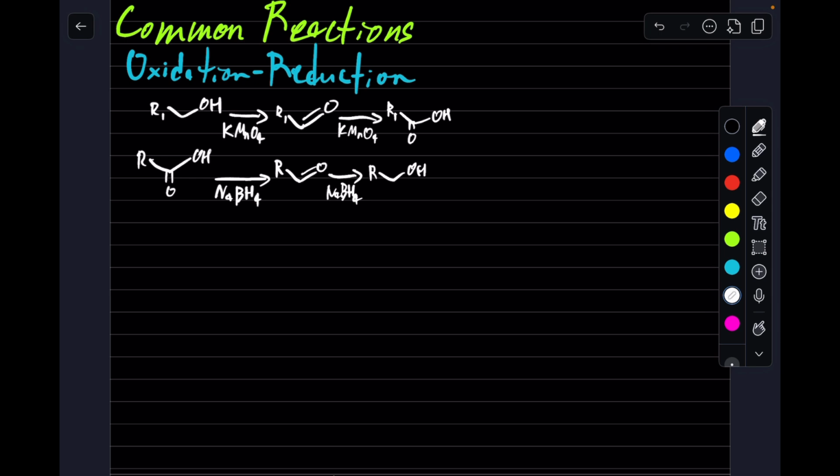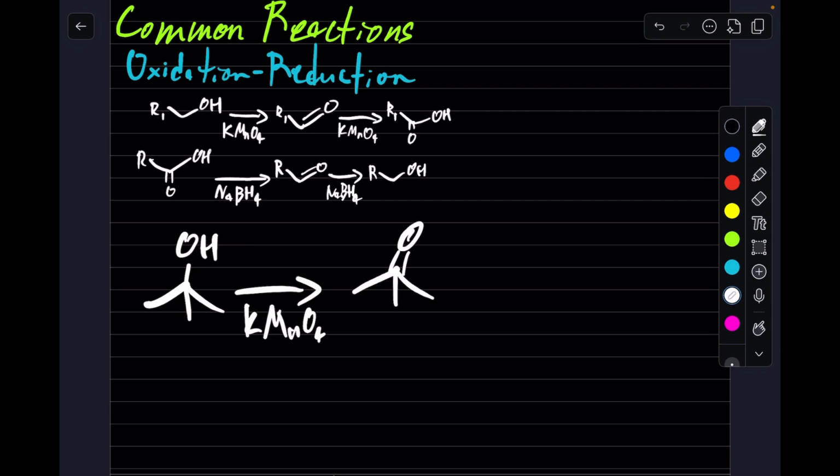And one thing to note is that tertiary alcohols, like this, that have the hydroxyl carbon attached to three other substituents that aren't hydrogen, these cannot be oxidized, because let's just take a look at what should happen theoretically.